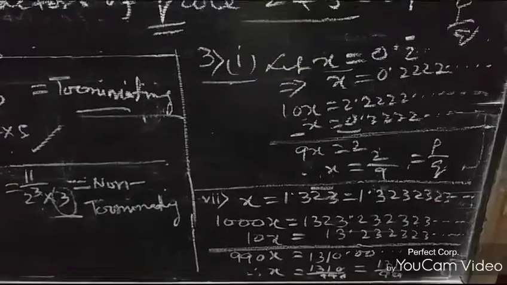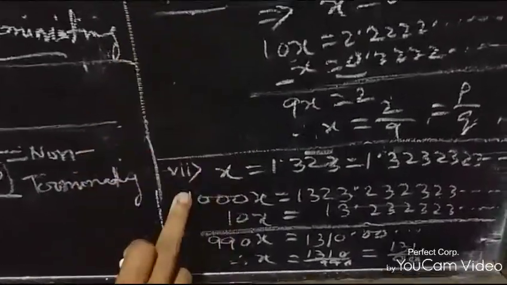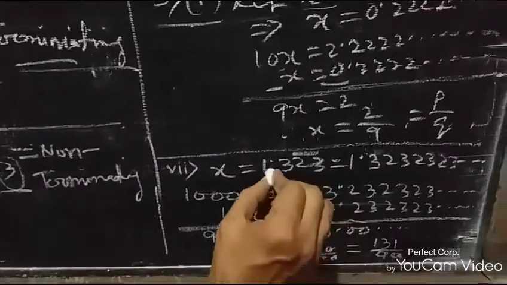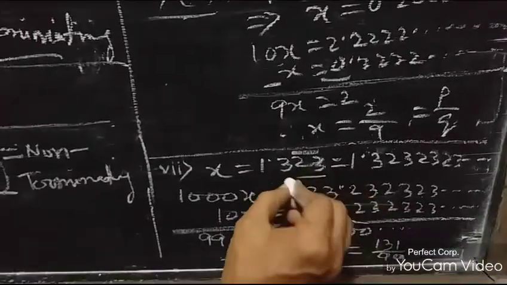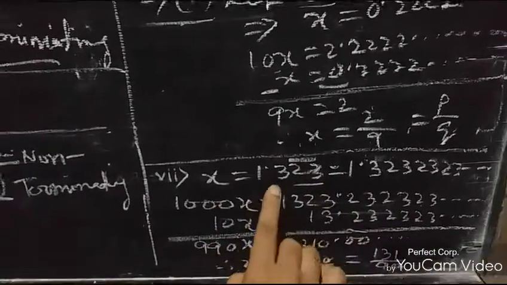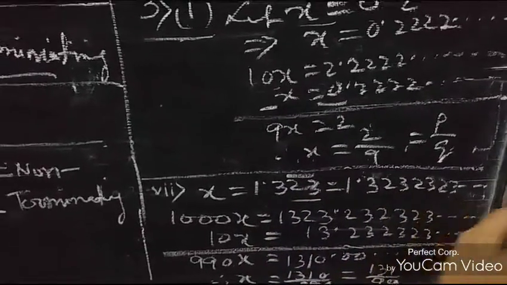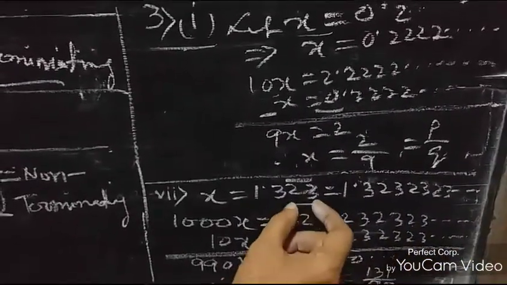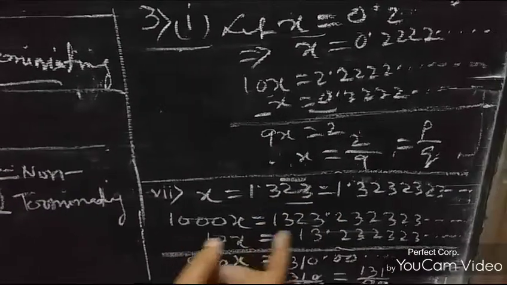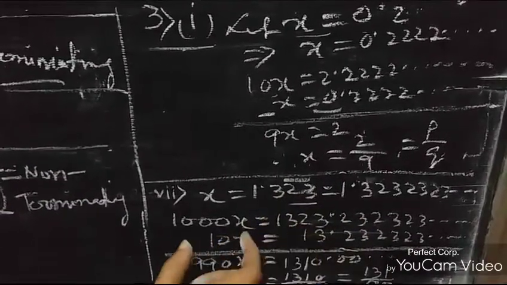Now the next one is number 3, 7. It is asked: 1.323 recurring. It actually means 1.3232323 like this. So here this is the recurring part. Now we need to multiply this.